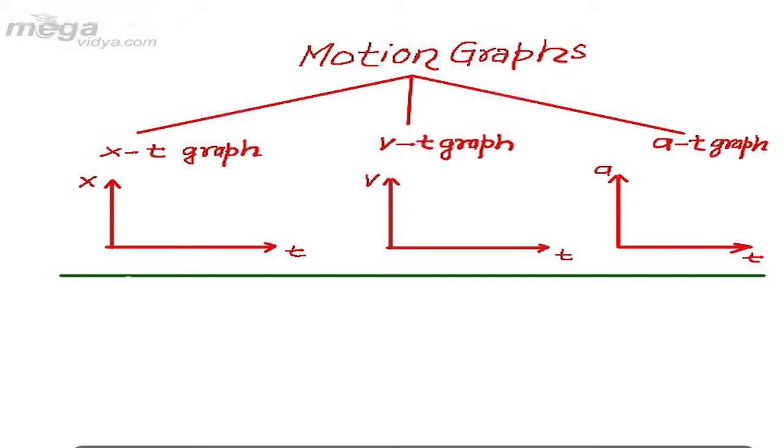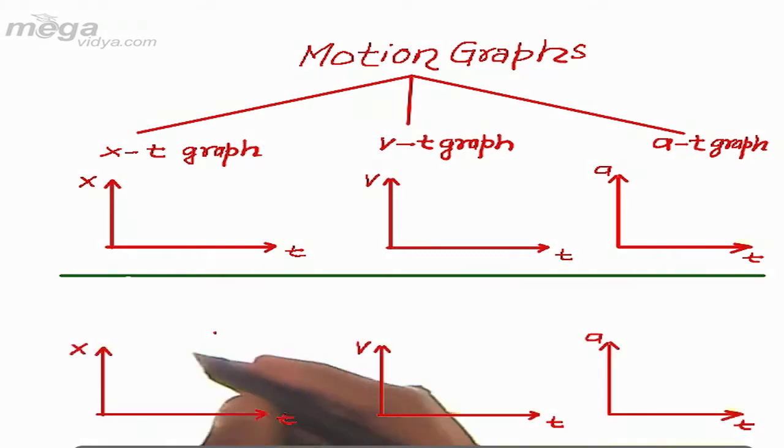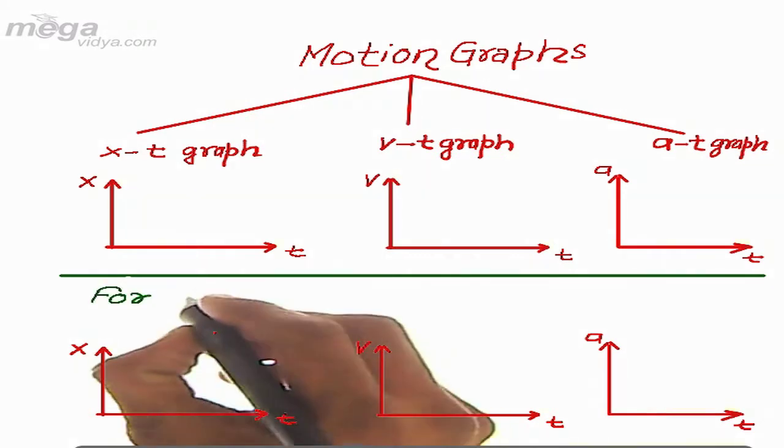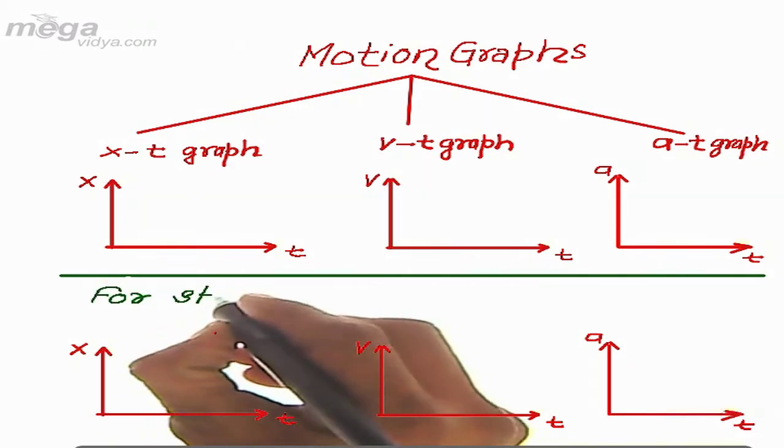So let us first of all draw these three different graphs for a stationary particle which is at rest at some position x. Then what will happen? Just see these three graphs for a stationary particle.